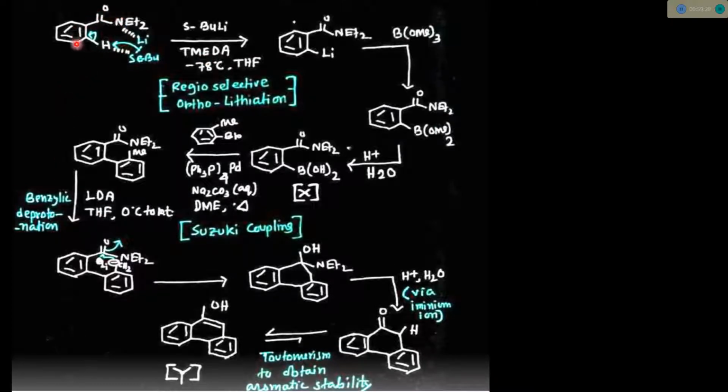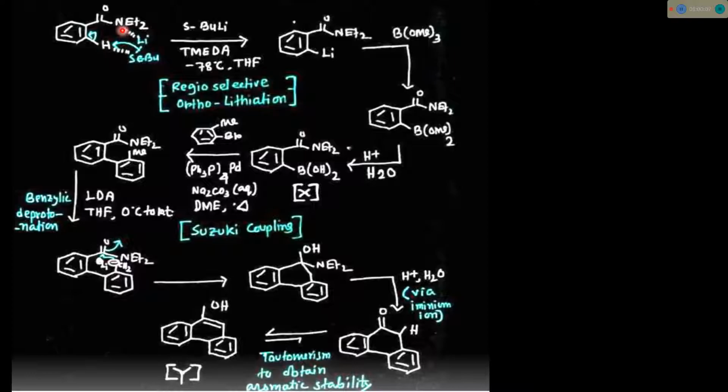The amide is given, and s-butyl lithium is a strong base. We all know that if there is a group like COOMe or CONR2, normally nitrogen or oxygen containing groups, then the ortho hydrogen will be abstracted by butyl lithium. This is called regioselective ortholithiation.